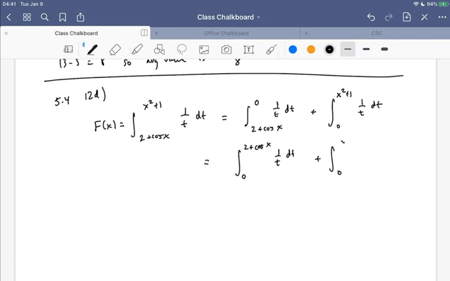Then I'll just copy the second integral down. If I switch the order of the bounds, that negates the value of the integral, so I've got to throw a minus sign in front. So we're okay up to here: the first step is really just to split this integral into two pieces.